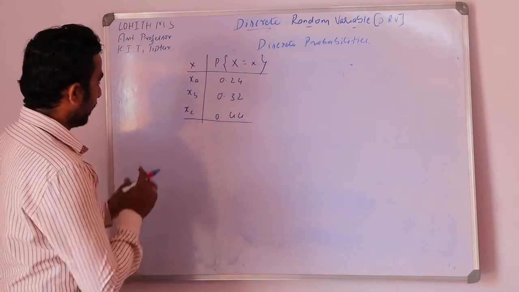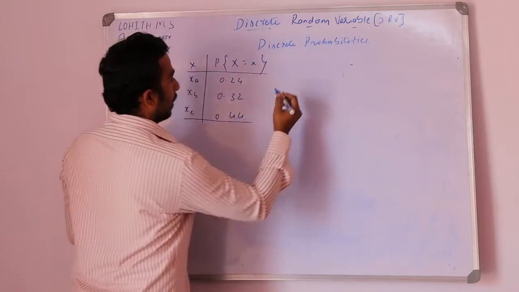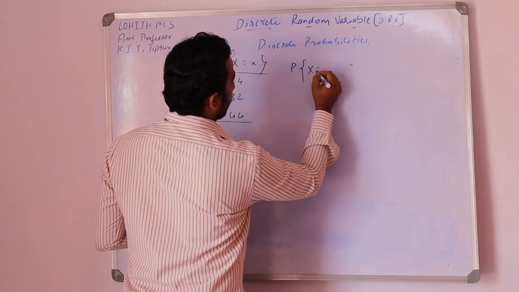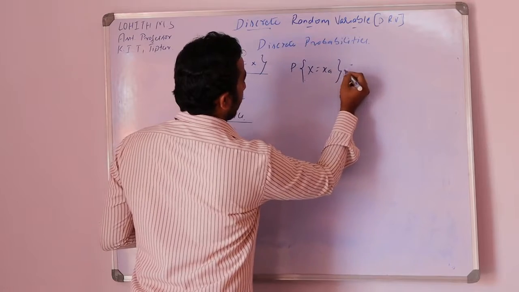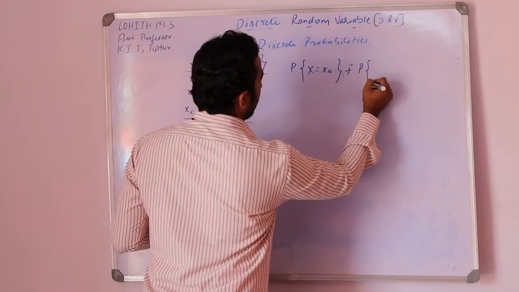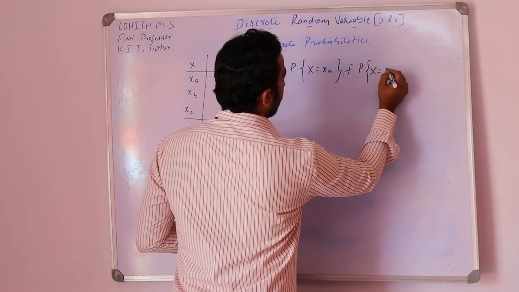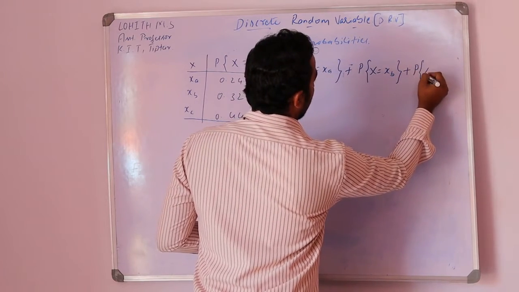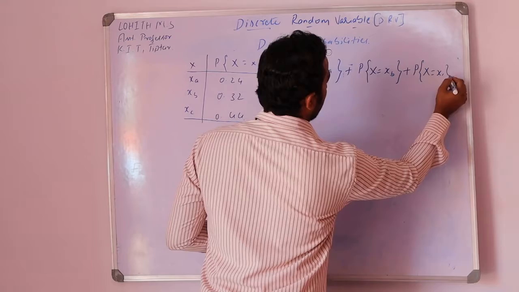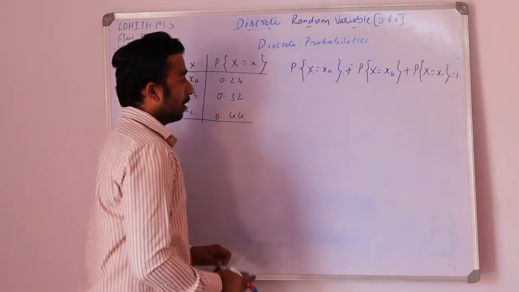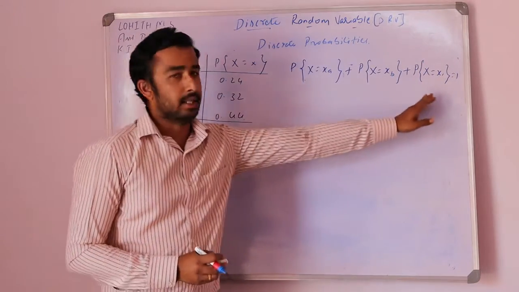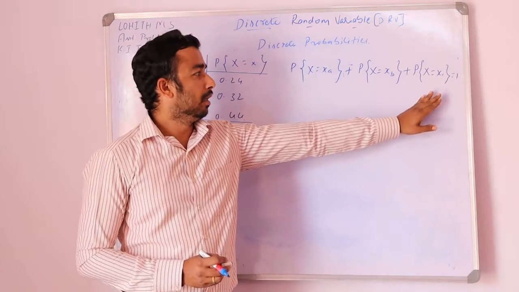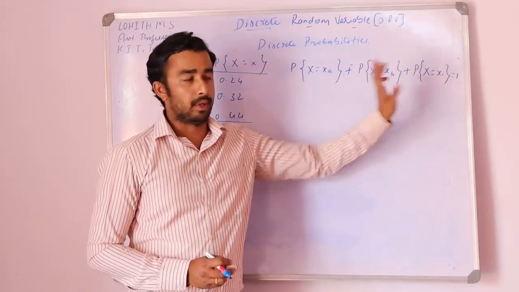So first I can write this as probability of x equal to xa plus probability of x equal to xb plus probability of x equal to xc is equal to 1. The sum of the probabilities of the observations of a random variable will be equal to 1.